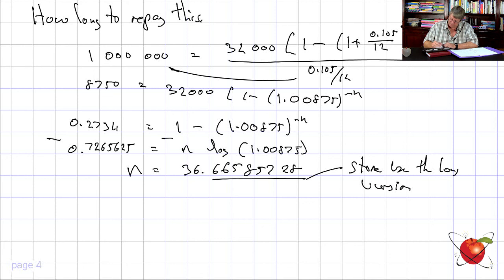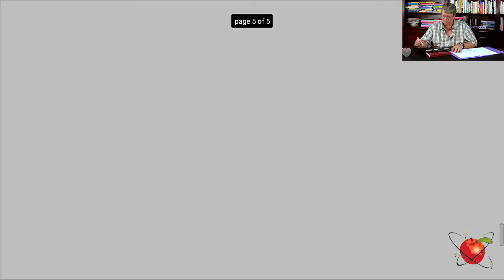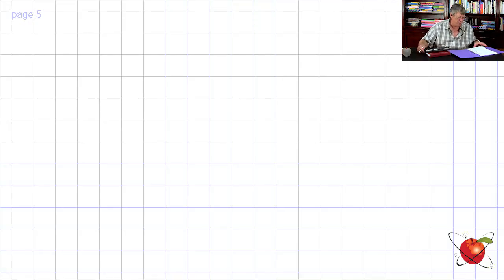Which means that actually we've got 36.66 payments of our annuity, haven't we? So let us have a look what happens then, shall we? We make 36 payments of 32,000. So let's have a look.